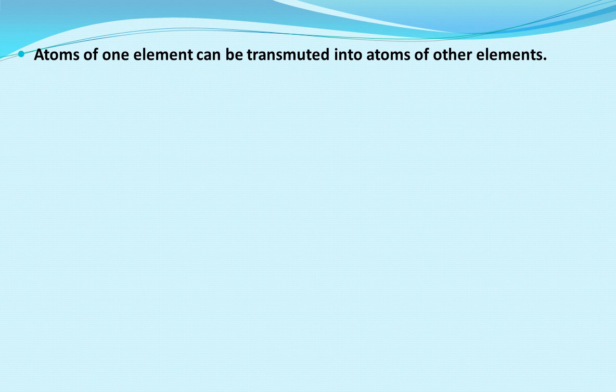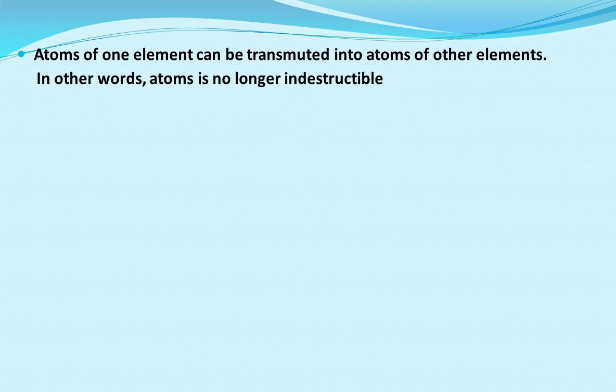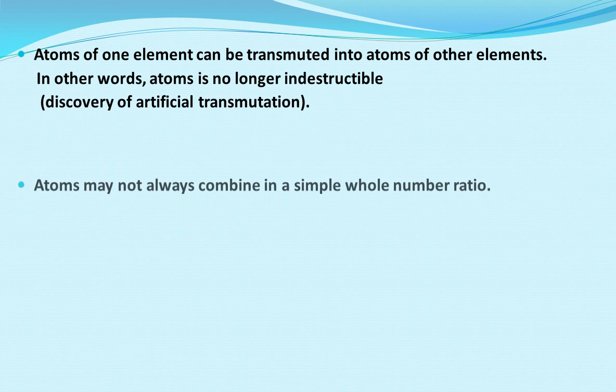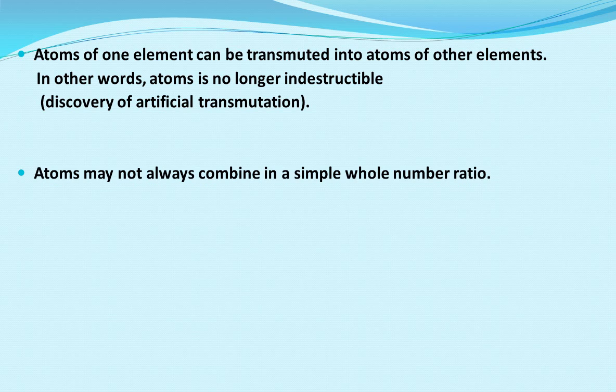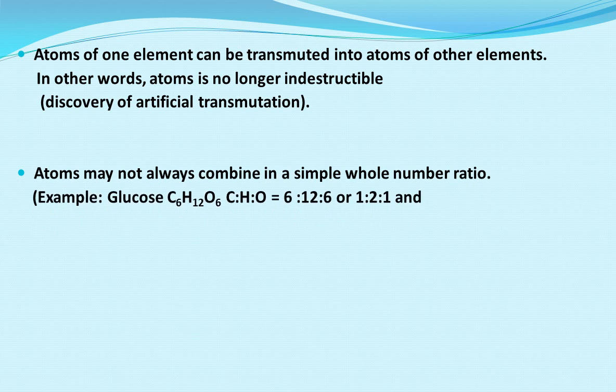Atoms of one element can be transmuted into atoms of other elements. In other words, the atom is no longer indestructible. And atoms may not always combine in a simple whole number ratio. For example, glucose has the ratio 6 is to 12 is to 6.